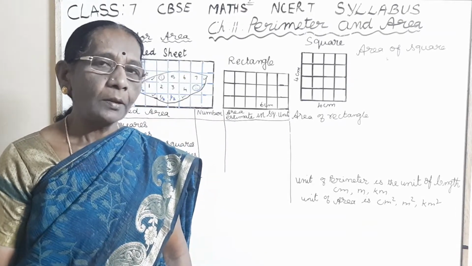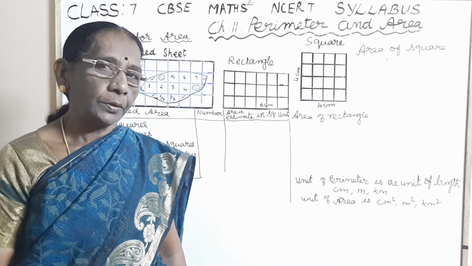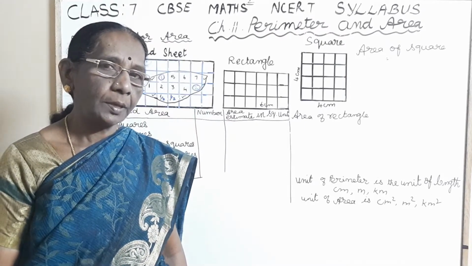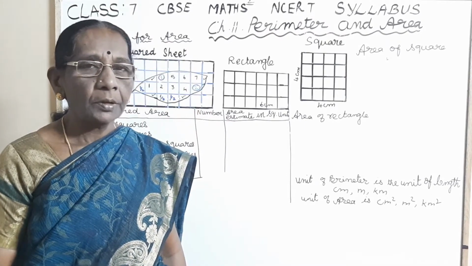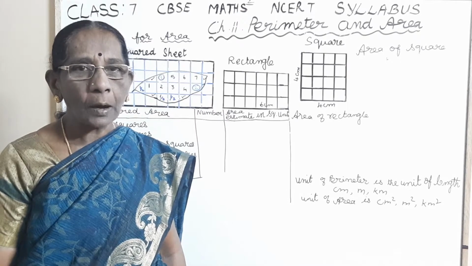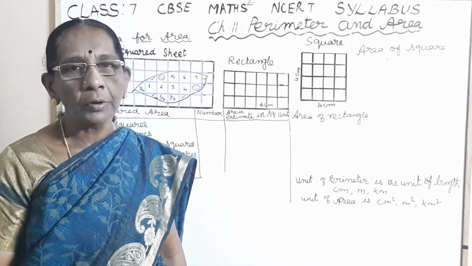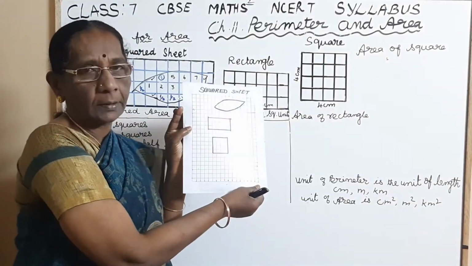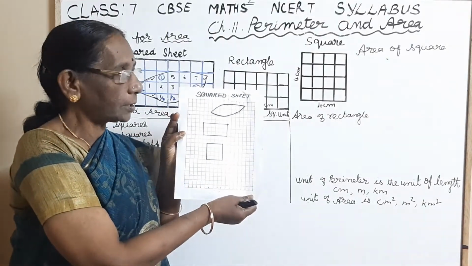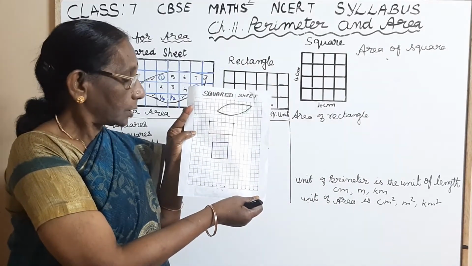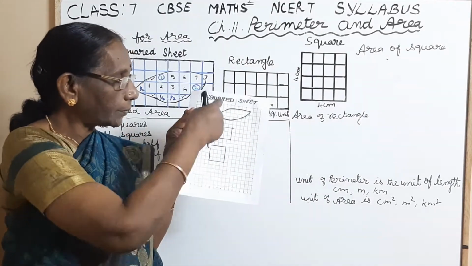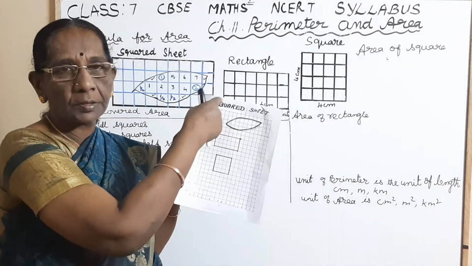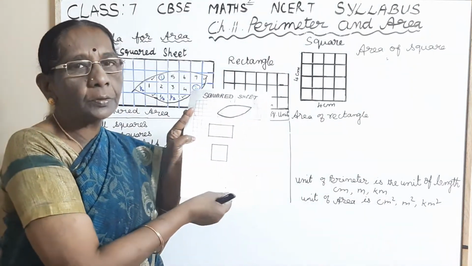In this session, we are going to continue chapter 11, perimeter and area. And we are going to discuss how to measure the area of closed figures. See here, children, this is called a squared sheet. I have made this sheet by dividing it into unit squares.